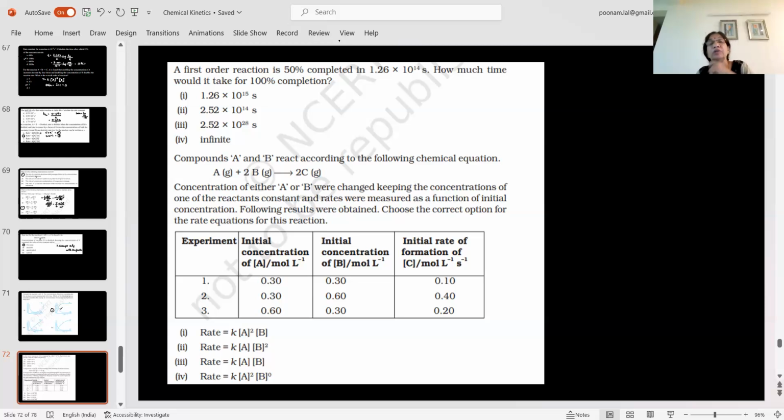So first you have T half. So T half is 0.693 by K. So you can find K. So K is equal to 0.693 by 1.26 into 10 raised to 14. That is K.